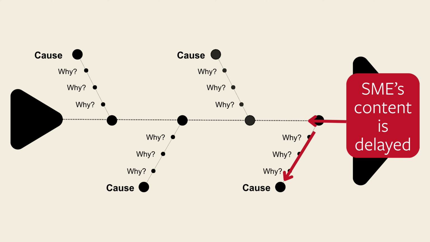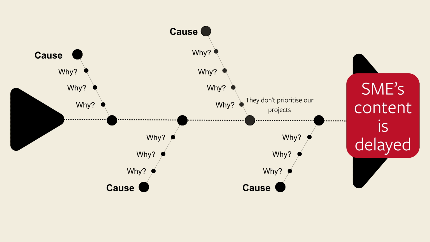So on the diagram, the issue goes on the fish's head and you work backwards along the spine out towards the fins. The first thing I do is ask why the SME's content is delayed. Why? Because the SME doesn't prioritise our projects. Why?